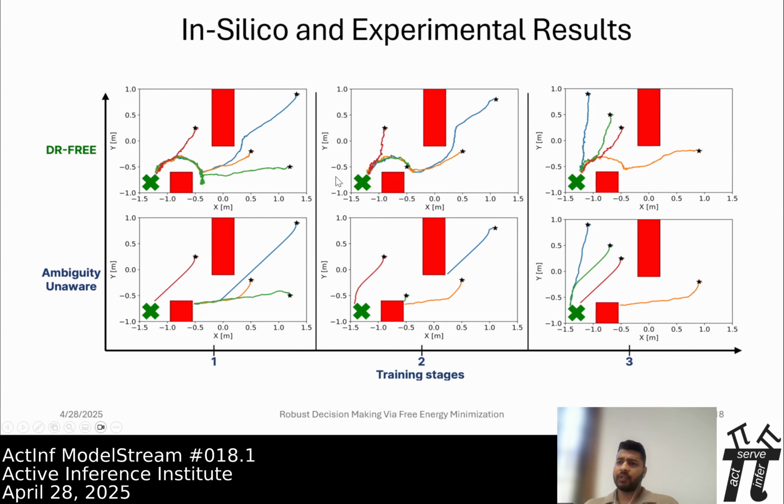While the ambiguity-unaware agent, although the policy it is computing is also optimal, collides with the obstacle only in some cases, when you can see that the obstacles are not present in the way of the agent, it will reach the goal. So this is how we show that our method basically solves the issue of the model mismatch.